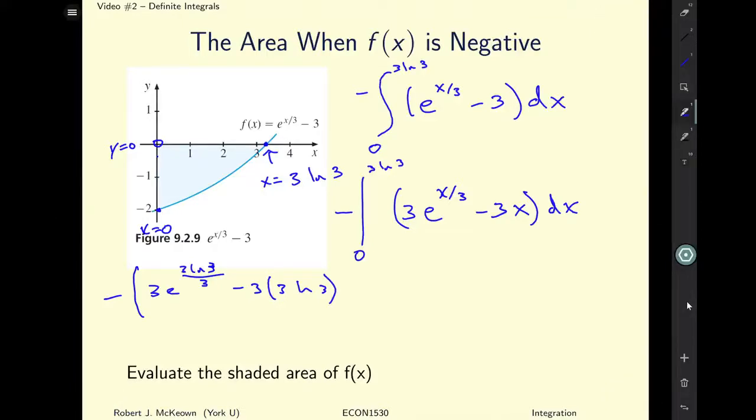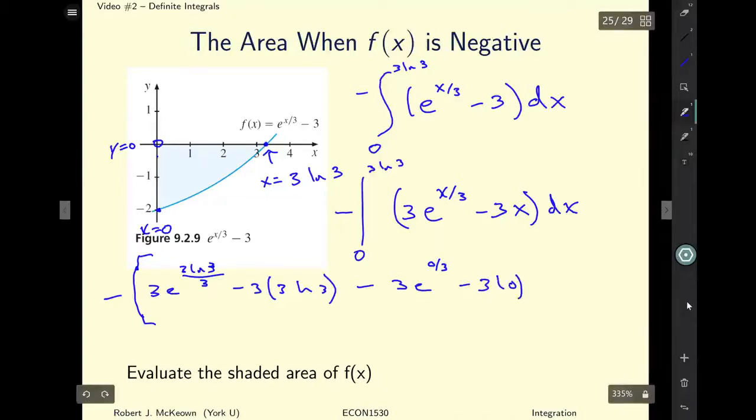This is when x is equal to the upper limit. What about the lower limit? I'm going to write a negative sign. Remember, I've got my nice bracket here, so I don't have to start changing signs yet. And I'm going to write minus 3e to the 0 over 3. That's just going to be equal to 1, but I'll leave it like that for now. 3, 0. And I'll close the square bracket.